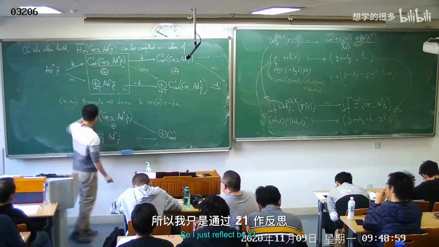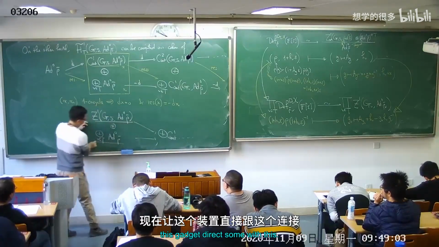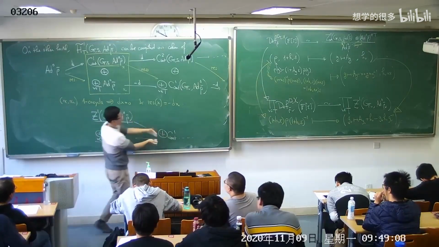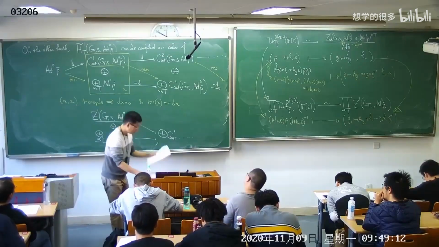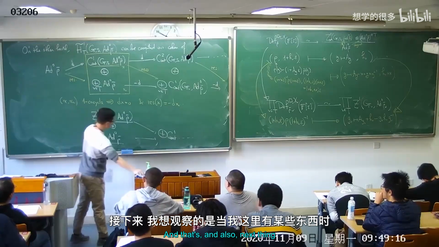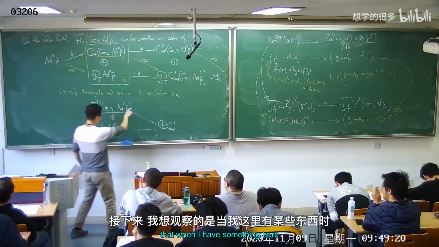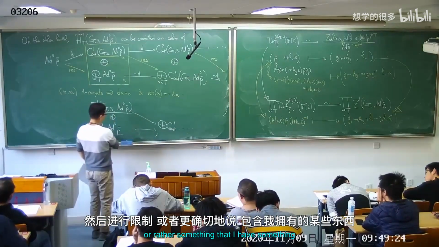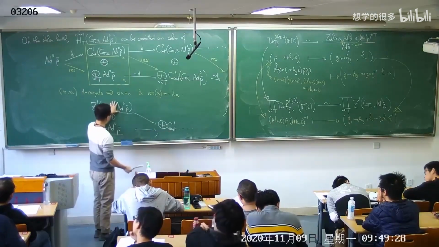Okay? So I just replace by Z1. Now I have this gadget direct sum with this, and I want them to have the same image in here, and it takes the co-kernel. Also, the next thing I want to observe is that when I have something in here and I restrict, this is already a co-cycle.